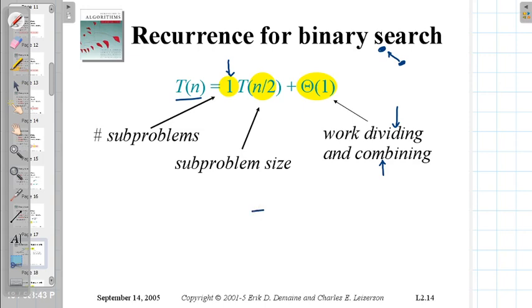So this is our recurrence: T(n) equals T(n/2) plus theta 1. Whenever theta 1 is there, it is less than or equal to some constant, so you can put some constant over here as the upper bound and analyze this.